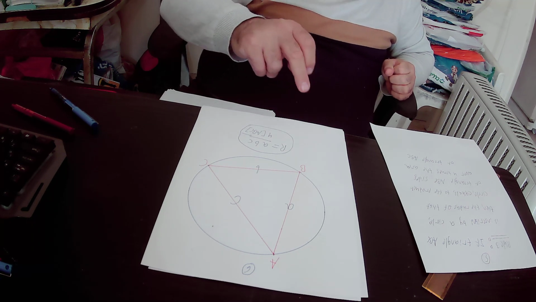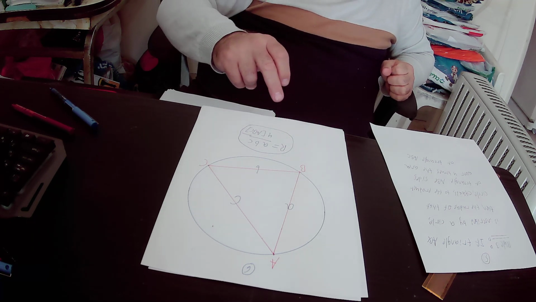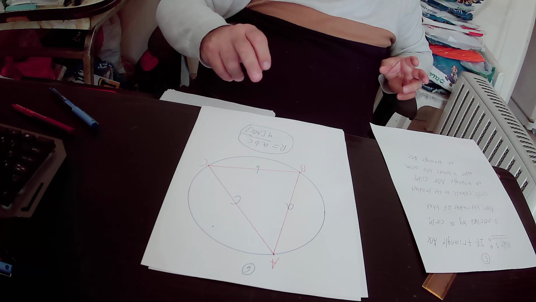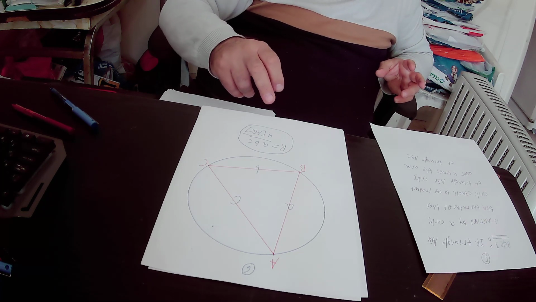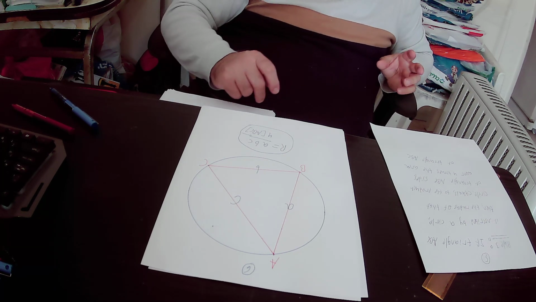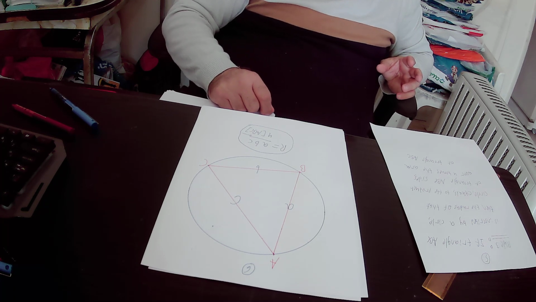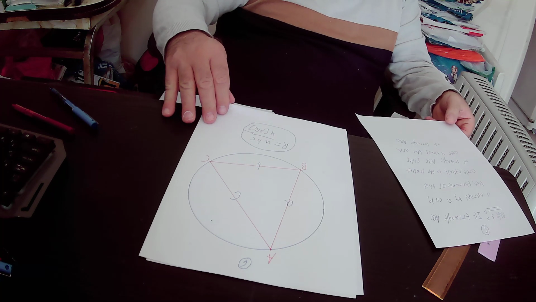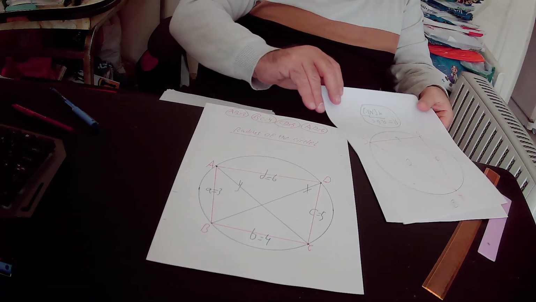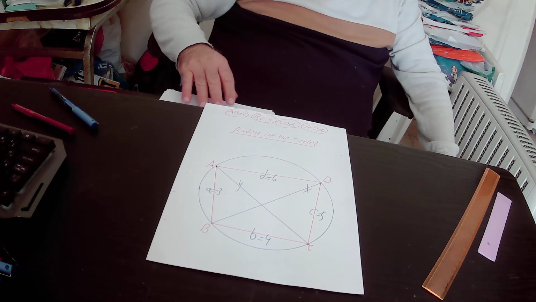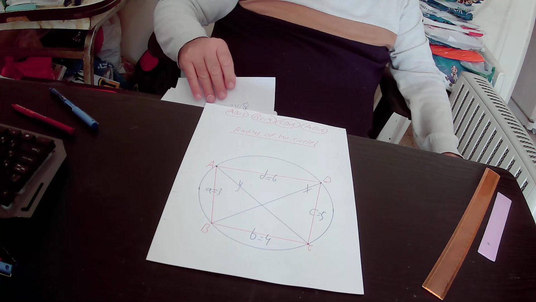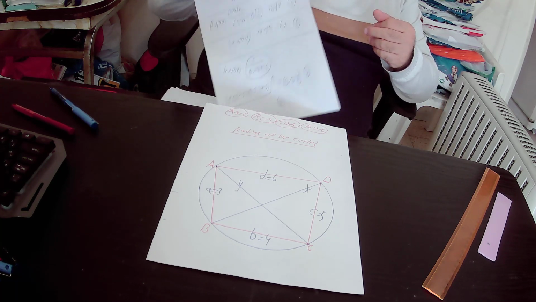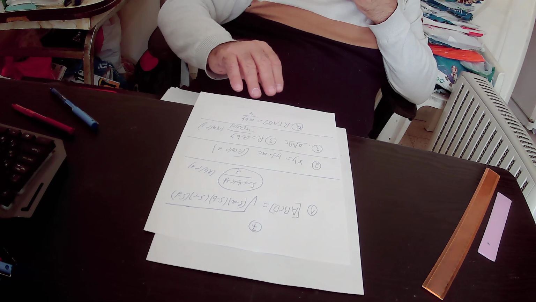So R equals ABC over 4 times the area of triangle ABC. Okay, so this is rule number 3. And we actually implemented rule number 3 in our drawing. We implemented all the rules in our drawing.